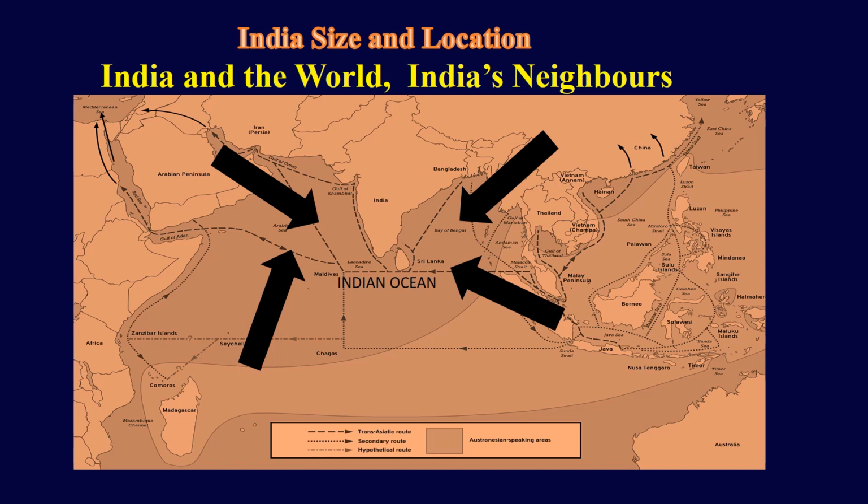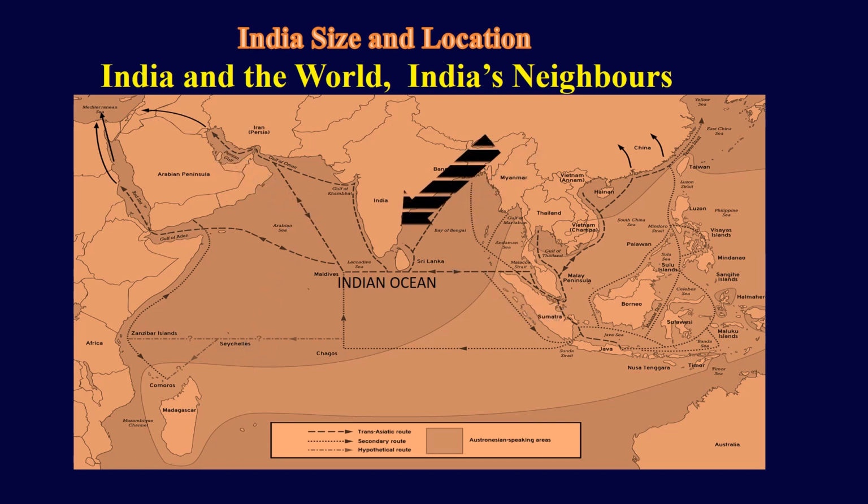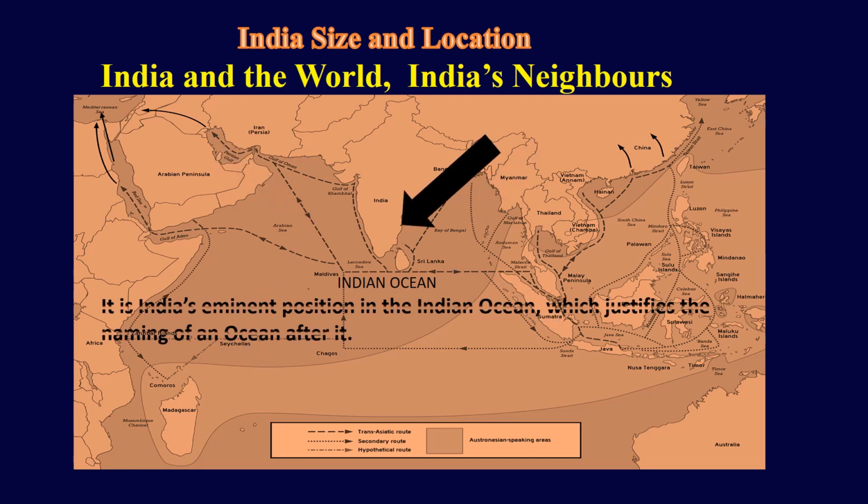India has a long coastline on the Indian Ocean. It is India's eminent position in the Indian Ocean which justifies the naming of an ocean after it. India holds a central location at the head of the Indian Ocean, and that is the reason the Indian Ocean is named after India.